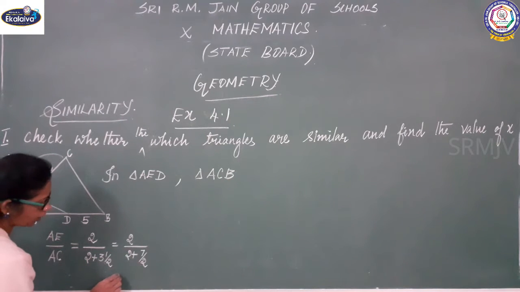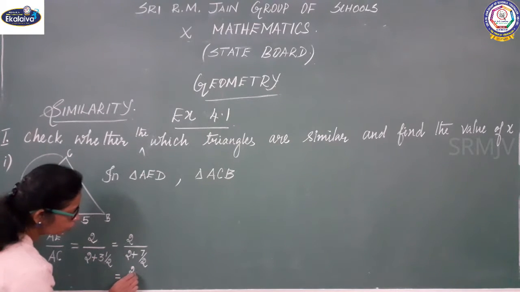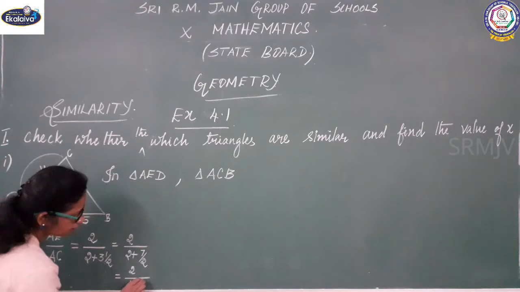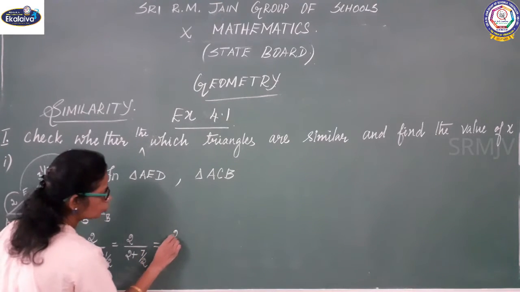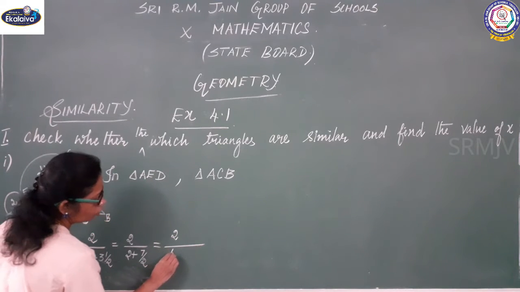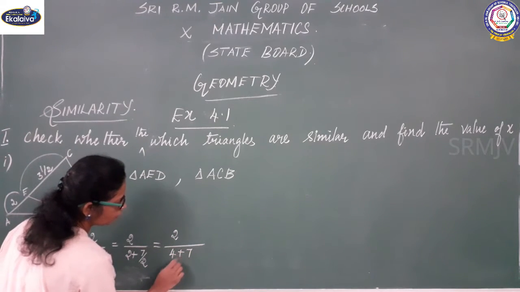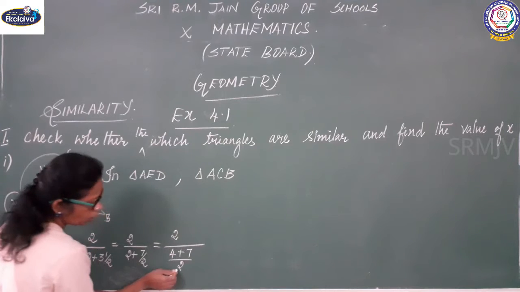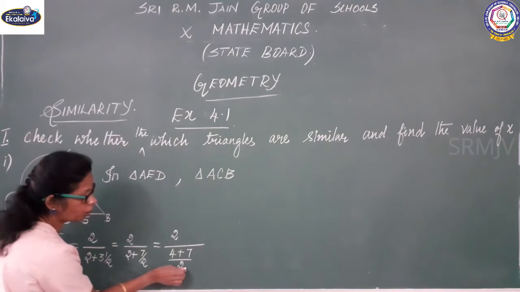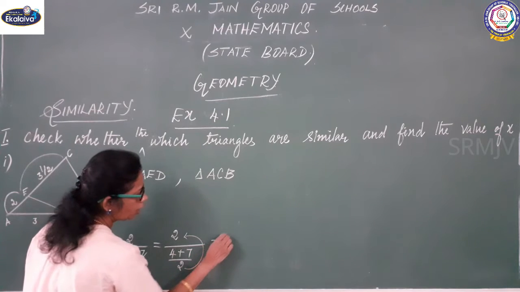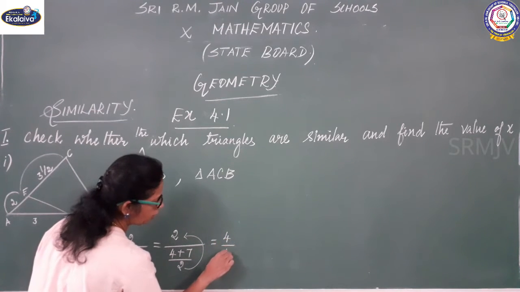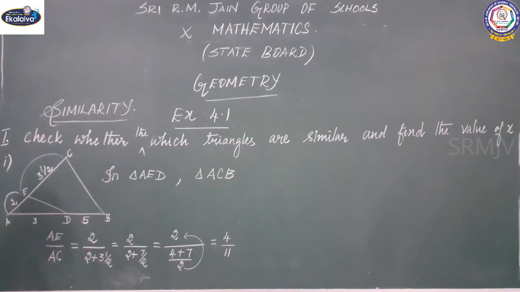You have to take LCM. 2 divided by 4 plus 7 by 2. If the denominator is a fraction, it will act as a reciprocal. So what is your answer here? 4 by 11.